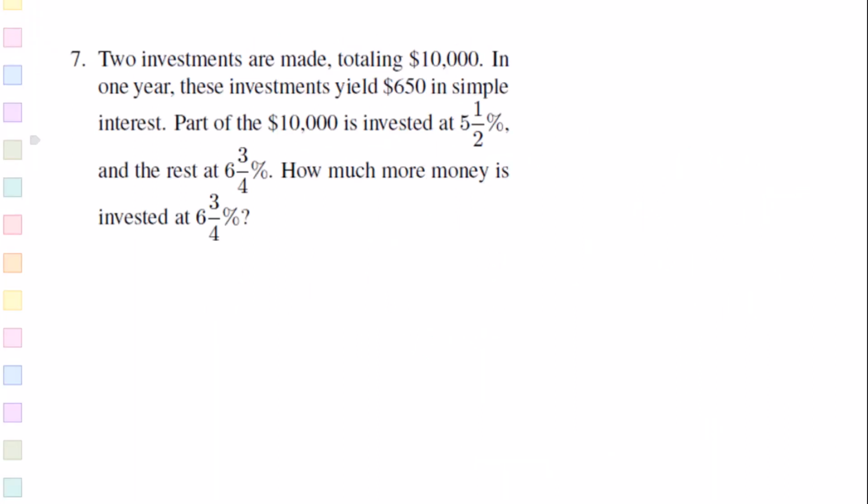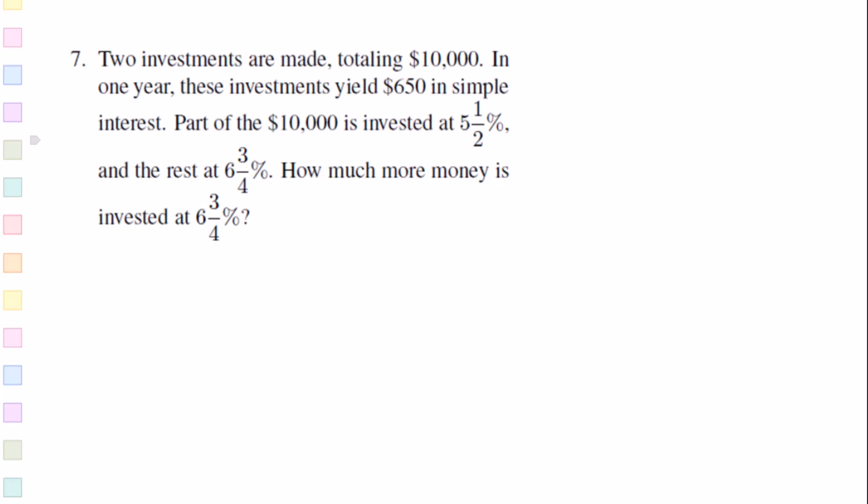Let's go to number 7. 2 investments are made, totaling $10,000. In 1 year, these investments yield $650 in simple interest.